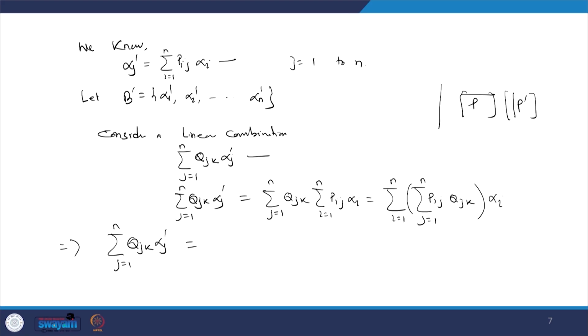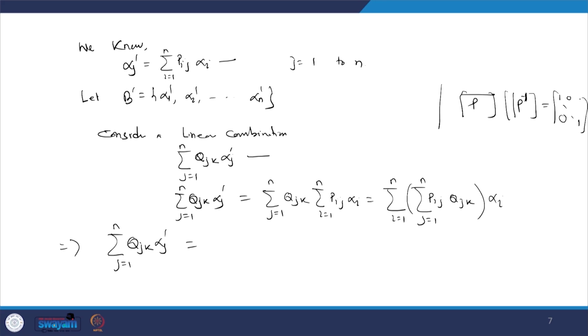Similarly, second row multiplied with the first column will basically give me 0. Since P into P inverse is equal to, we know, the identity matrix, this is 1 0 0 like this, 1 0. So, definitely it has to follow like this.